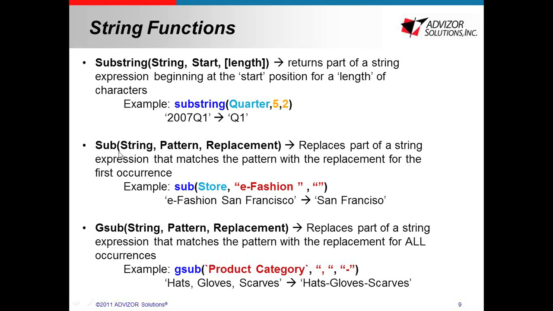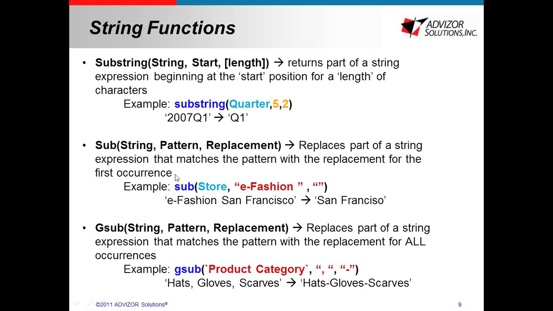Then we also have the sub function, which allows you to replace a portion of a string field or remove a portion. What it does is it matches the pattern, and if the pattern matches, it replaces it with the replacement for the first occurrence.